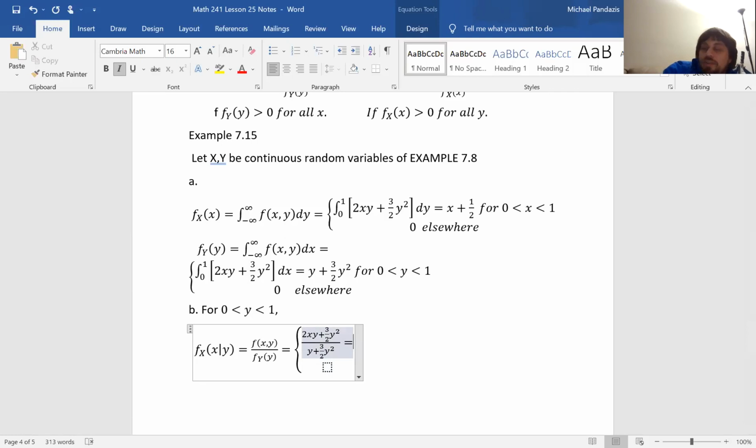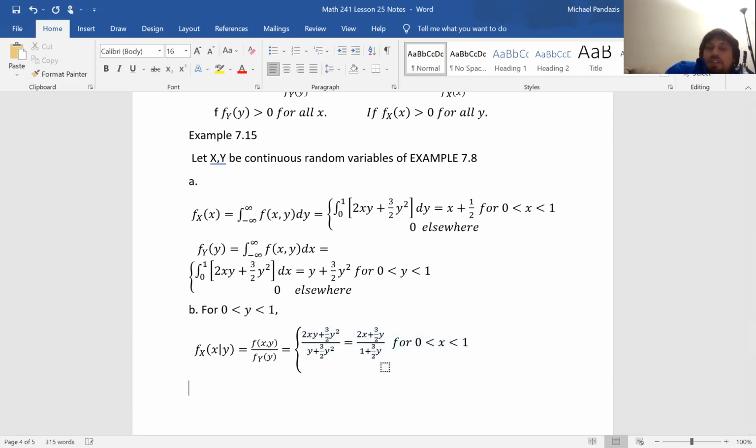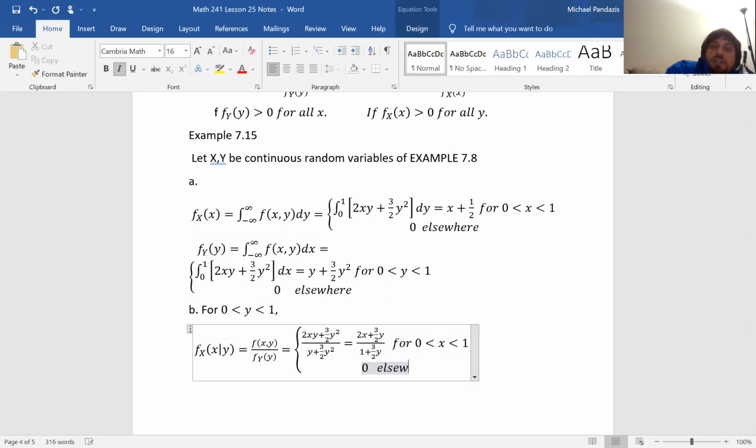And this is equal to the fraction 2x plus 3/2 y divided by 1 plus 3/2 y. It's just dividing the numerator and denominator by y. And this is for 0 less than x less than 1, and it's 0 elsewhere.